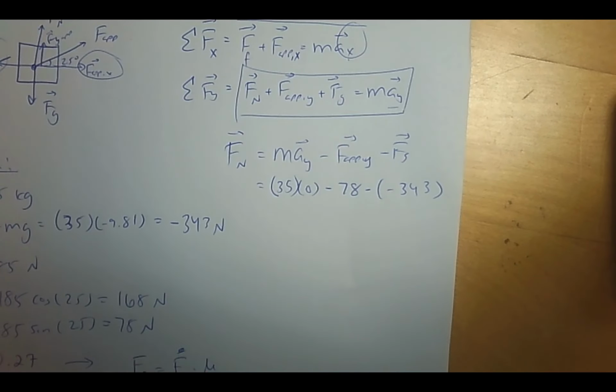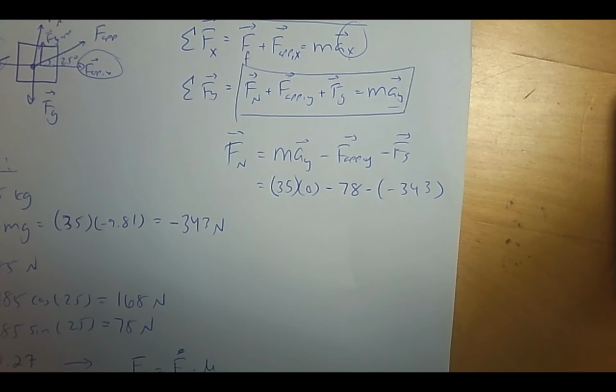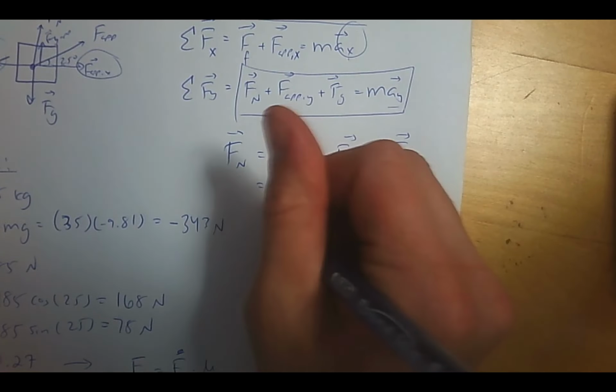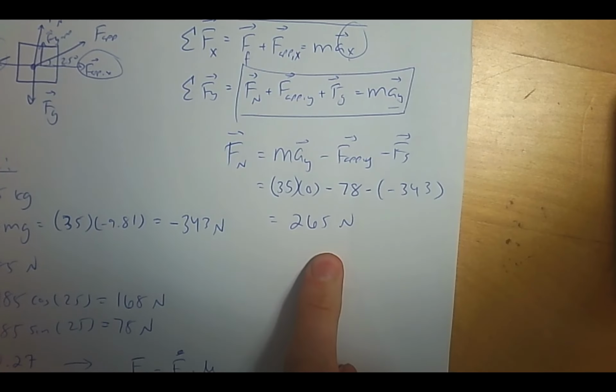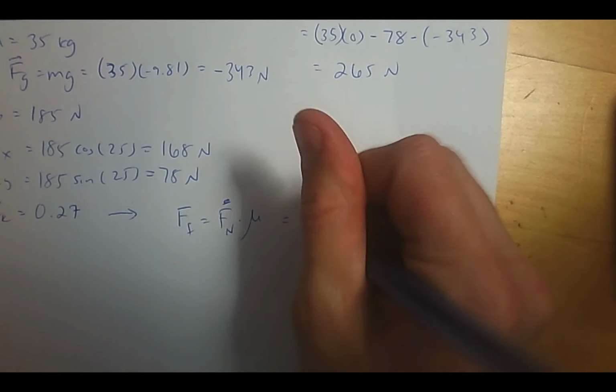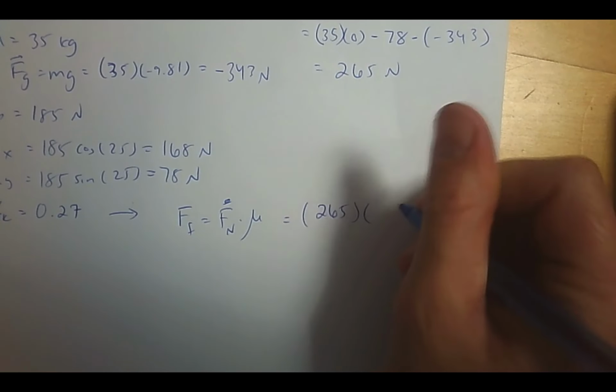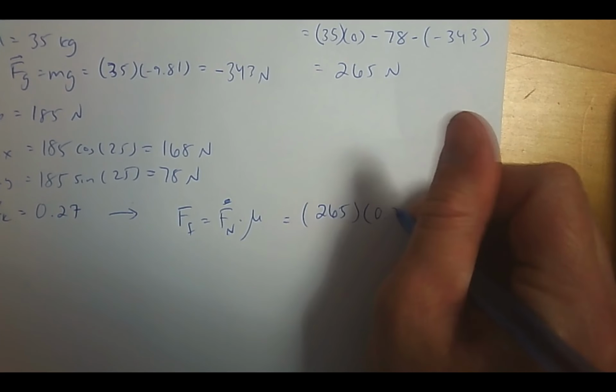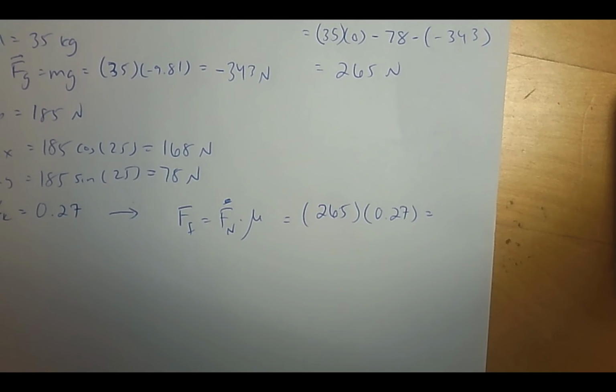So I have 343 minus 78 gives me 265 newtons. That's my normal force. So now I can find my force friction by taking 265 newtons and multiplying it by mu, my coefficient of kinetic friction, which is 0.27.